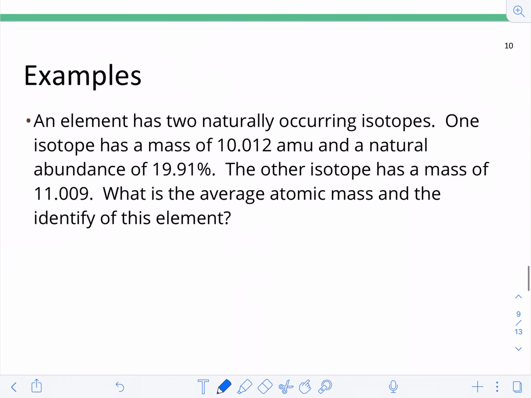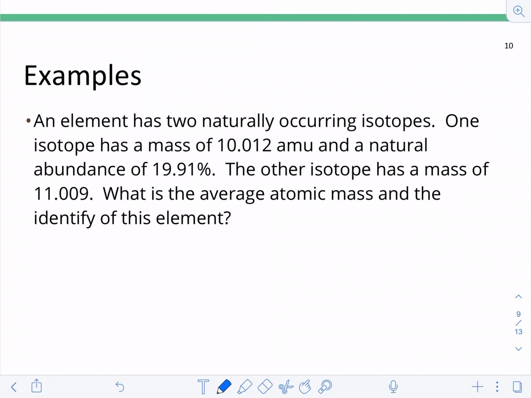All right, so here's our first example. We have an element that has 2 naturally occurring isotopes. One isotope has a mass of 10.012 AMU and a natural abundance of 19.91.